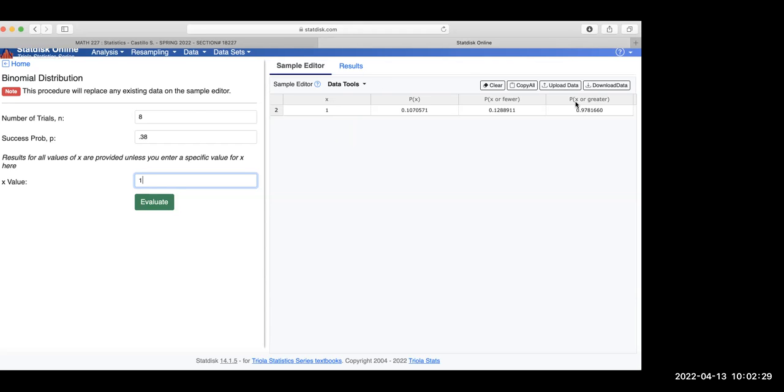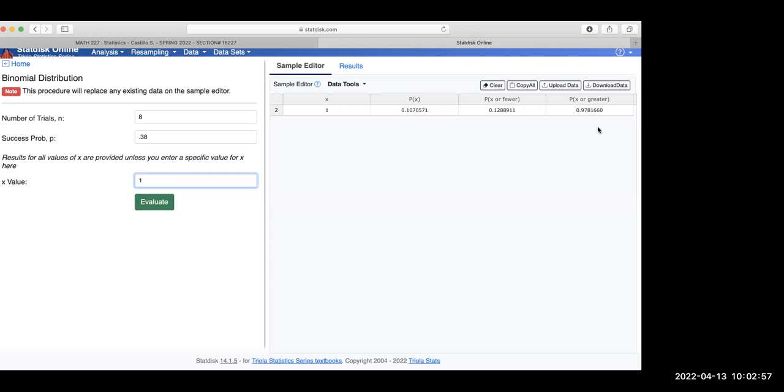If you do that, you look over here, and you see that the probability X is greater than or equal to 1 is 0.97816660. Okay, so let me type that into my computer.